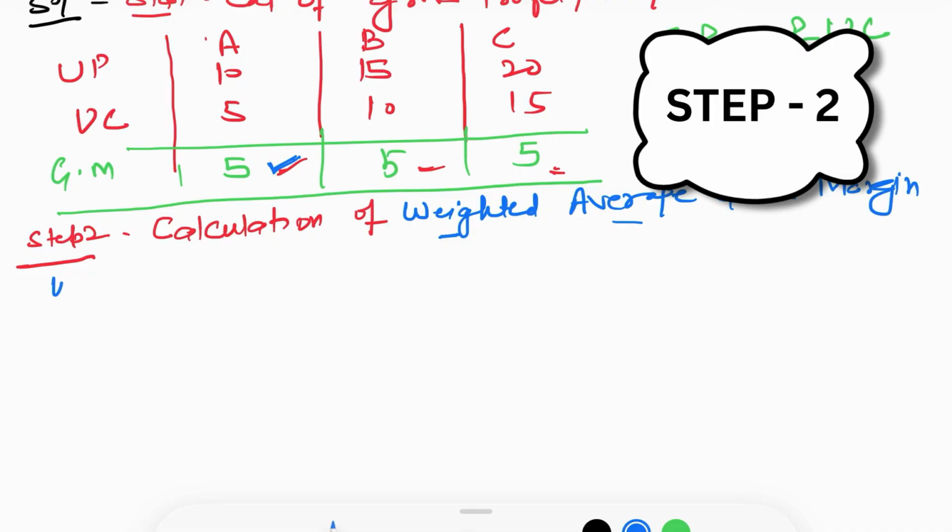First of all, I'll calculate weighted average gross margin of product A. What is the formula?